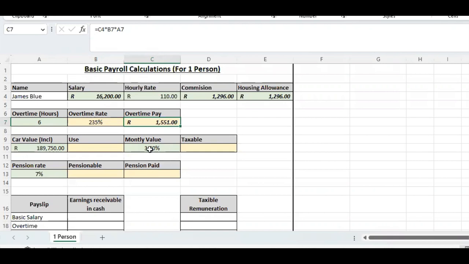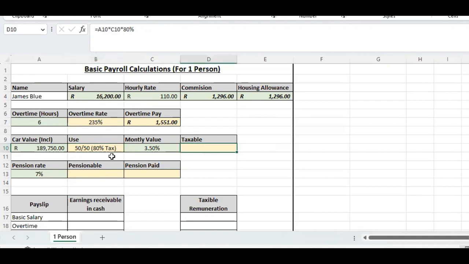Okay. What about the company car? We have the value and the monthly value. We know that he's using it 50%, and so 80% can be taxable. And I hope you are seeing that every time I did a calculation, the formula is there for you to see in the formula bar. So we know that 80% will be taxable.